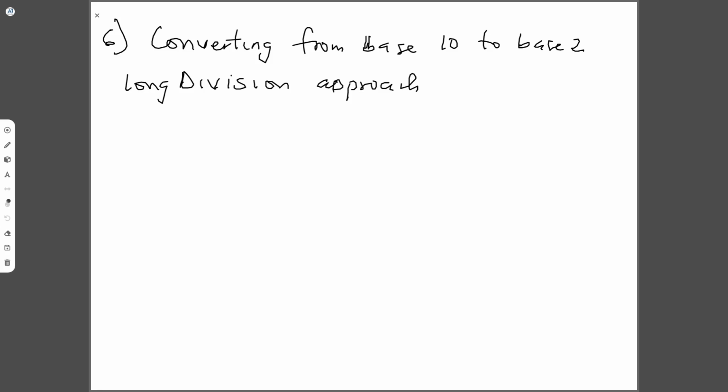Let's cite an example. We have 35 in base 10. We have to convert this to binary, and that is base 2. And I said we are going to be using the long division approach by using a table.